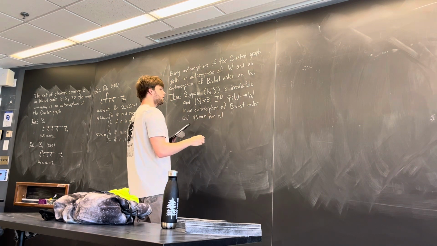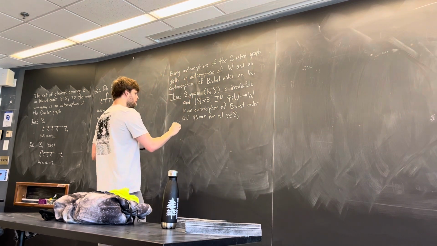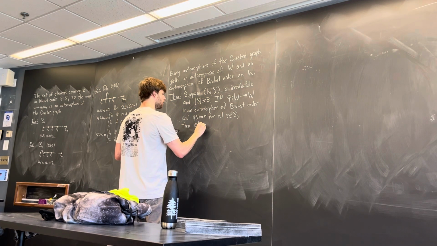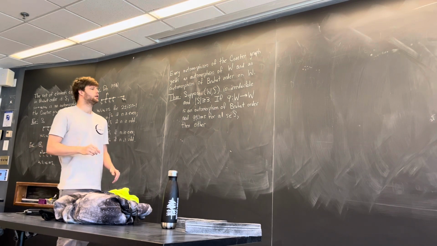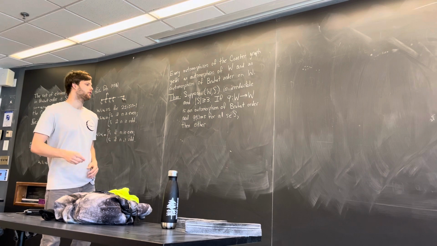So phi of s is s for all s in S. Then it's either going to be the identity map or the map that just takes everything to its inverse.